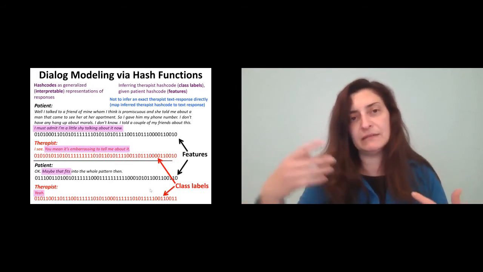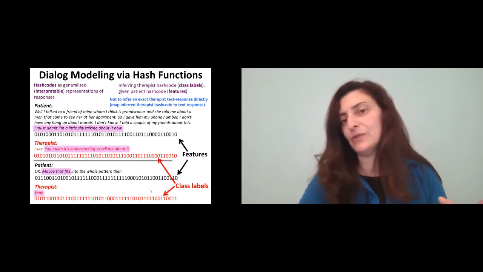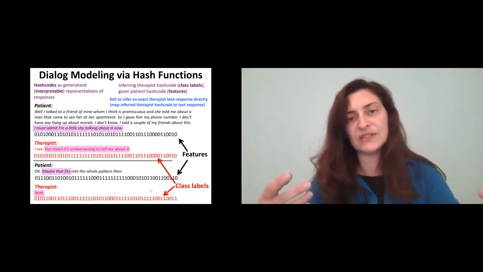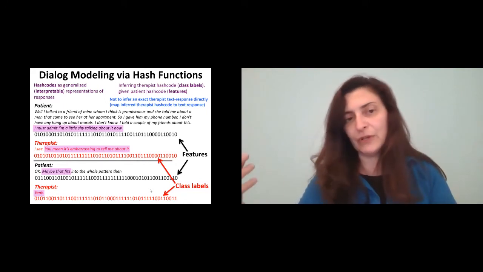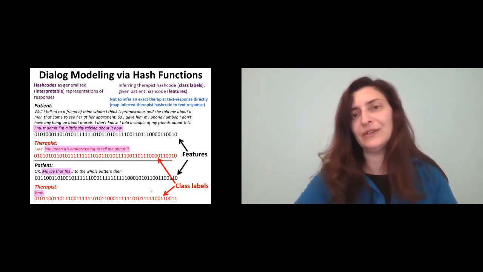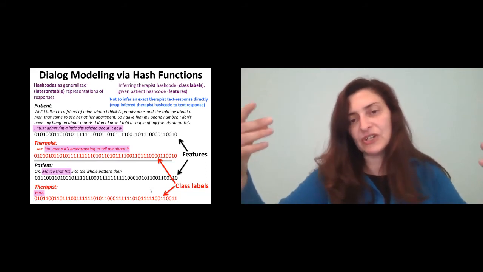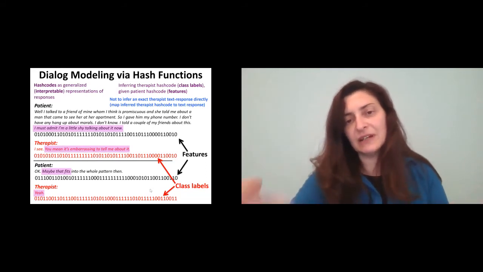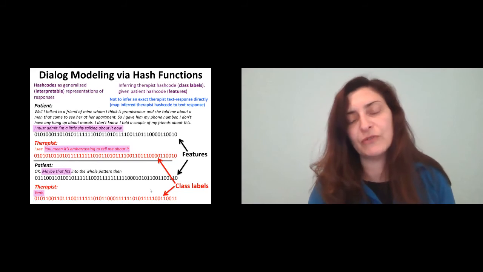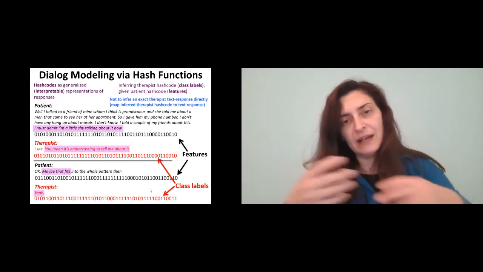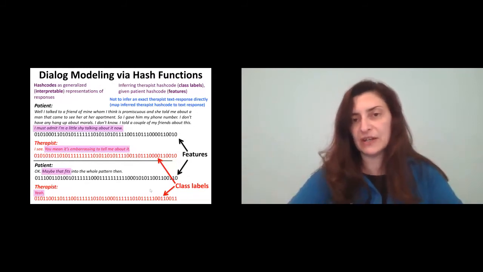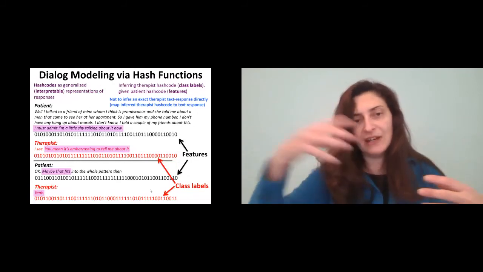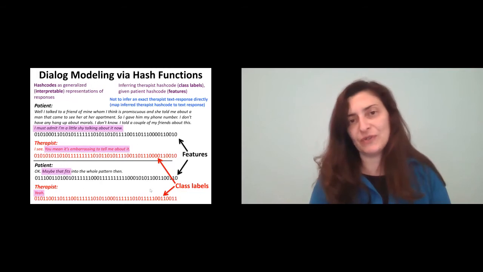And in the test regime, when you see a patient saying something, you map that paragraph or view as a whole into the feature function, to the representation, and predict what the hash code should be for the response. And then, as a separate procedure, you will have to map hash codes back to text. So in a sense, you have these three components of the approach.